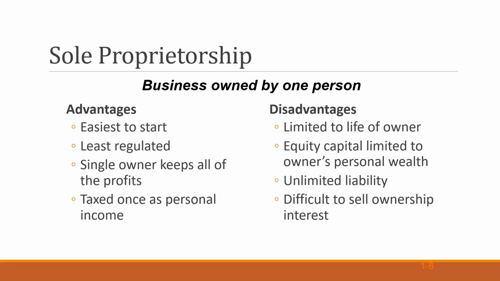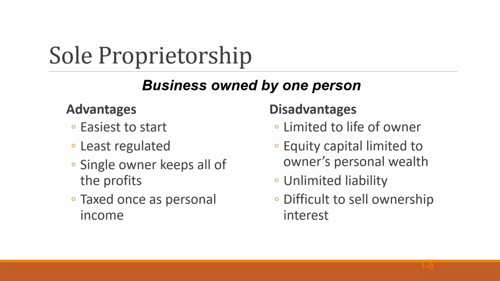This unlimited liability also means that if for some reason you go out and you open a business and something happens, let's say someone gets injured at your place of business. If you are a sole proprietorship and you are sued, in addition to taking all of the assets of the business, they can take all of your personal assets too.